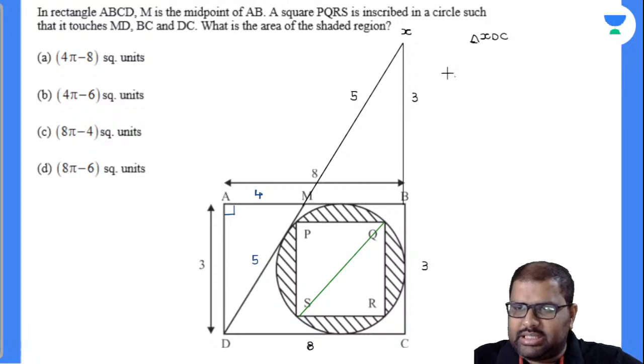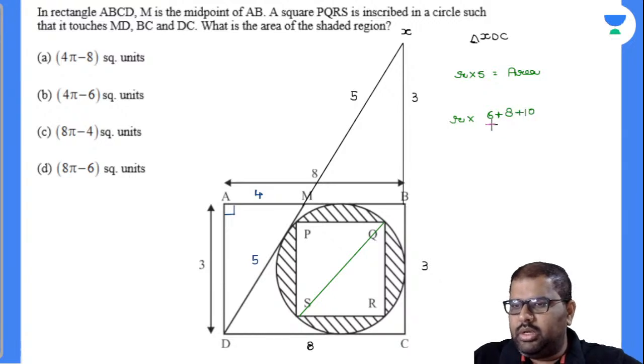Everybody knows the in radius formula: R into S is equal to the area of the triangle. S is nothing but the semi perimeter. R into semi perimeter, (6 plus 8 plus 10) by 2, is equal to the area of the triangle.